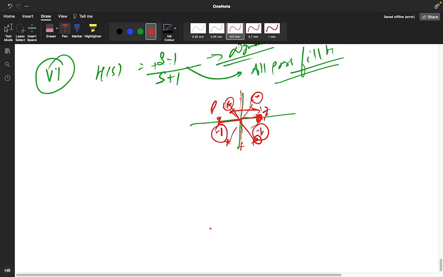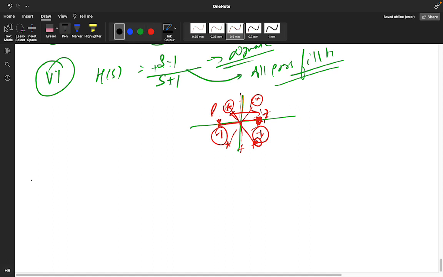So what is the meaning of filters are dynamic? Note it down.